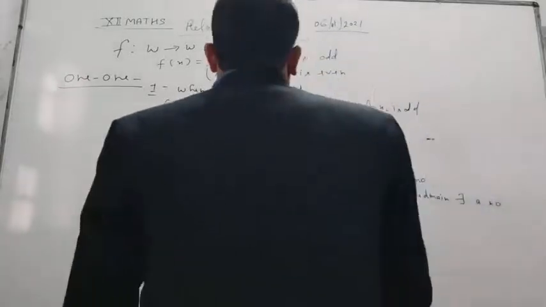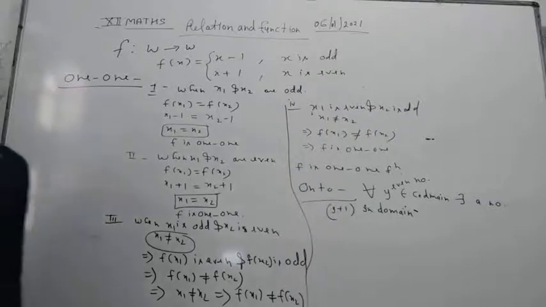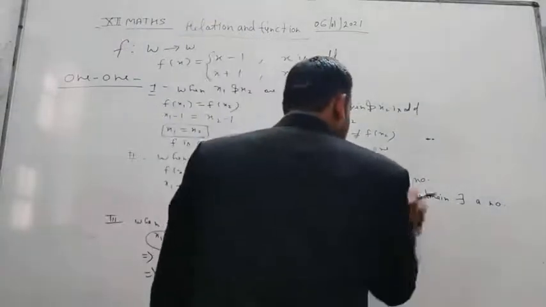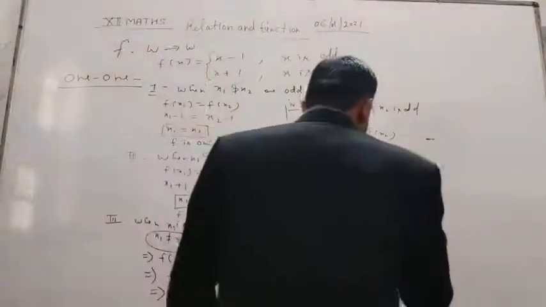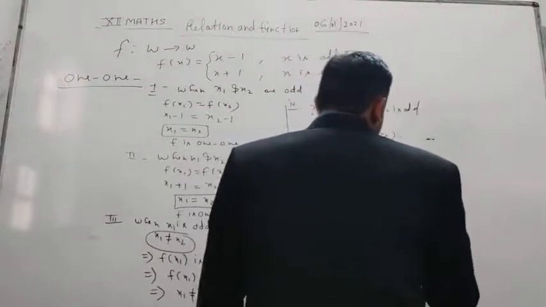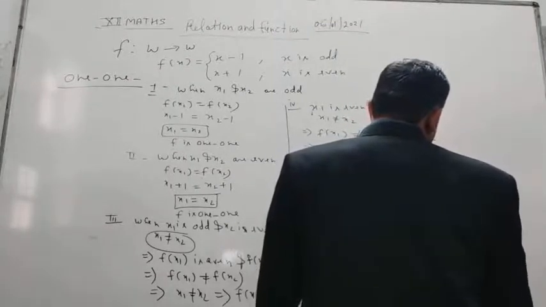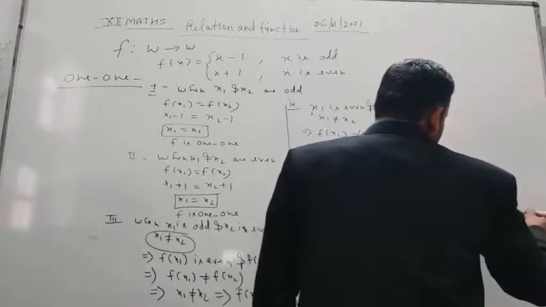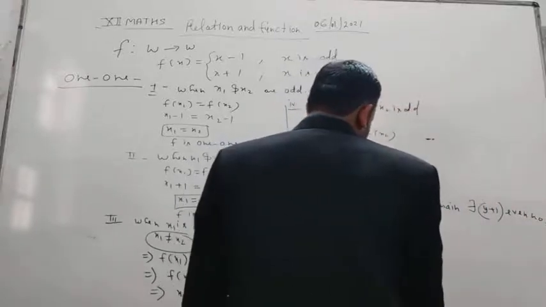Okay, for every y of codomain, right student, we write for every y belong to codomain, there exists a y plus 1 even number in domain.